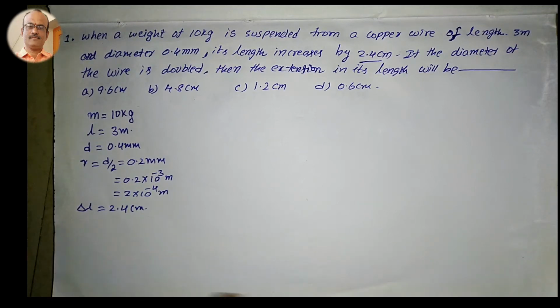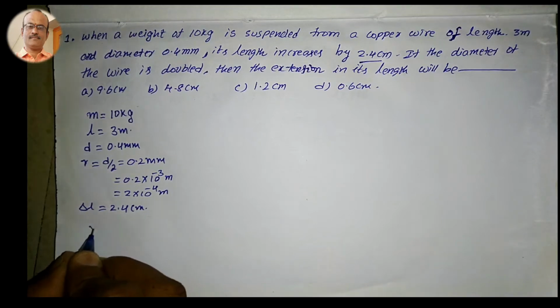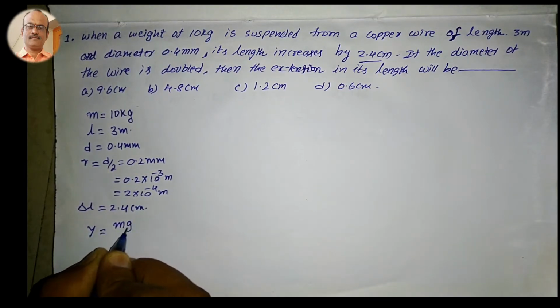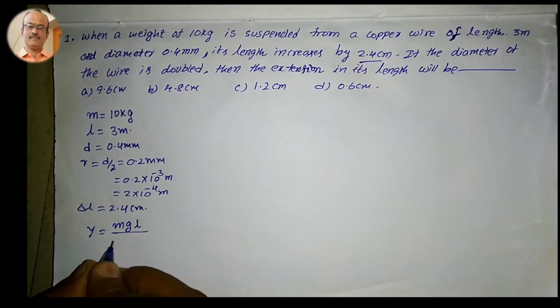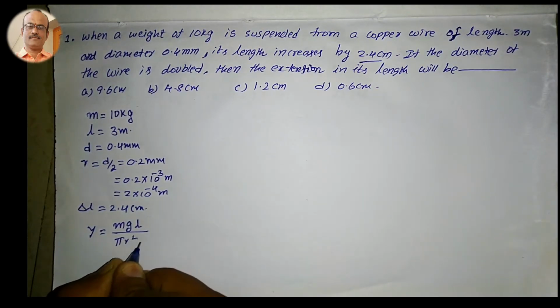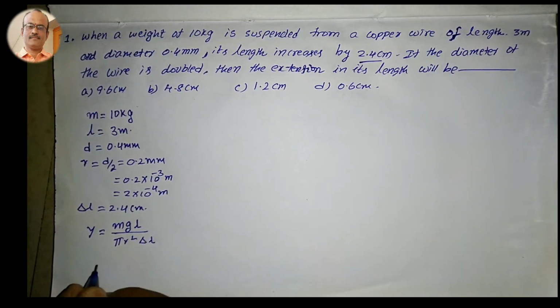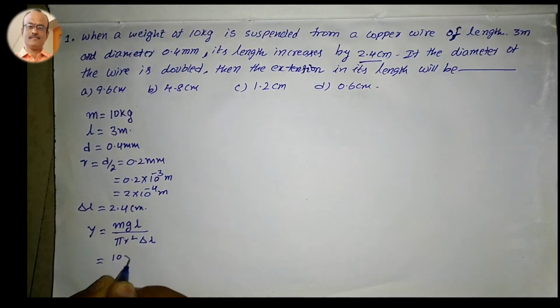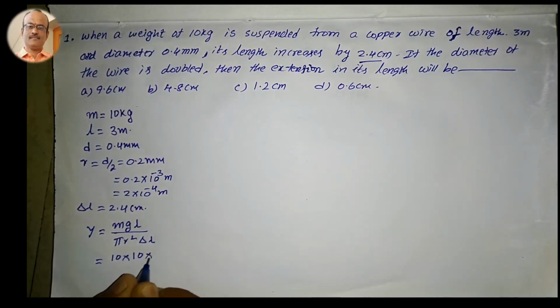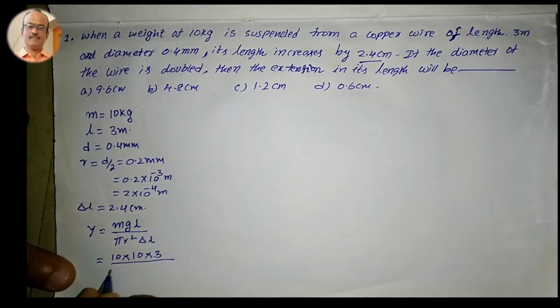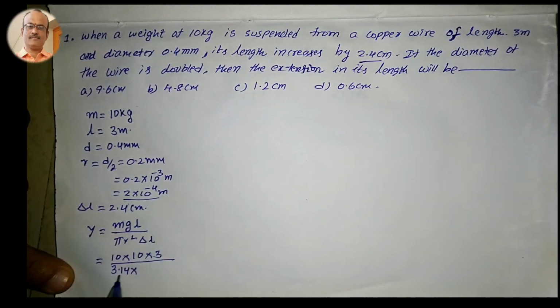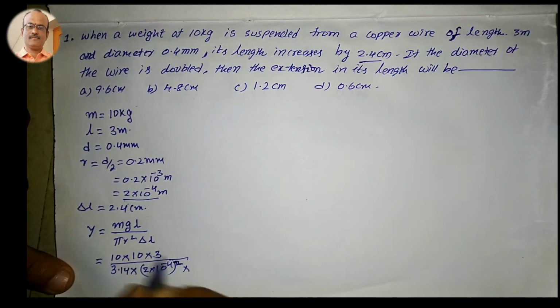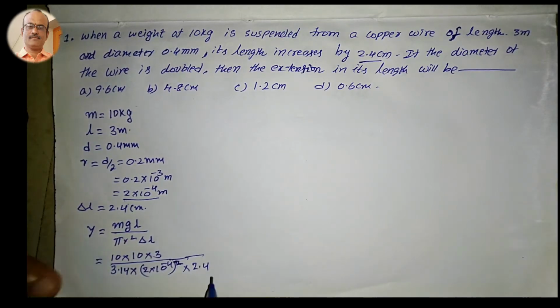First of all, it is related to the Young's modulus. So Young's modulus Y is equal to m into g into L divided by pi r square into delta L. So m is 10, g is 10, length is 3, divided by pi, that is 3.14, into radius 2 into 10 to the power of minus 4 whole square, into delta L, that is 2.4 centimeters.